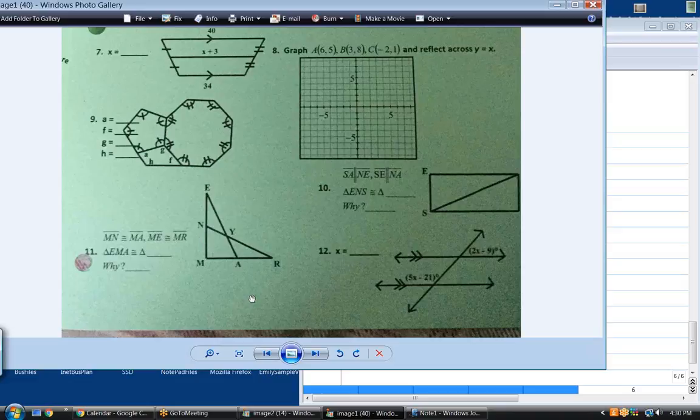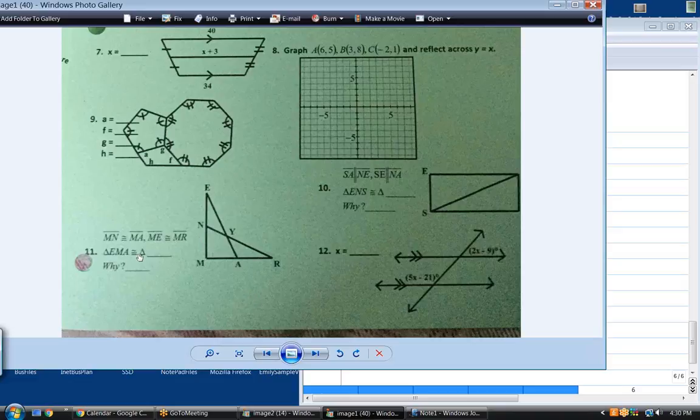They don't give us the third side congruency. In other words, they don't tell us that EA is congruent to NR. Why not? Because of side angle side? Correct. It would be congruent.